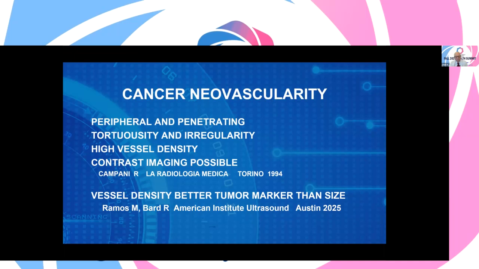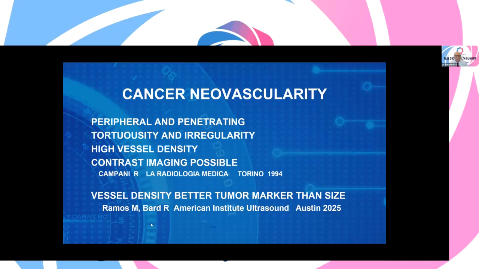Using the vessel density is better or more accurate many times than the size of a tumor. Let me repeat that. Sometimes tumors get larger as they're dying, and we have ways to measure this, specifically using neovascularity and measuring it with 3D, 4D ultrasound, so it's quantitative.